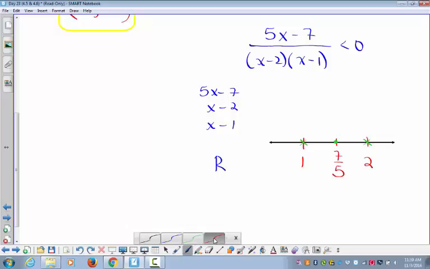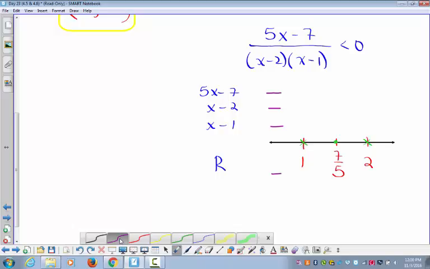To the left of 1, obvious choice is 0. Get negative, negative, negative. That result is a negative. I'm going to use a different color so it doesn't get messed up with those guys. Between 1 and 7/5, 1 is 5/5.